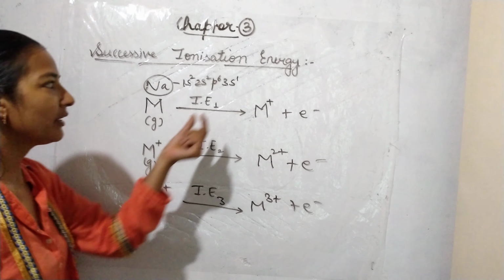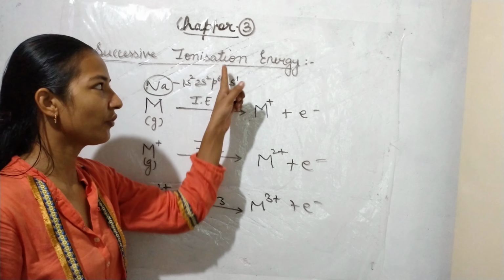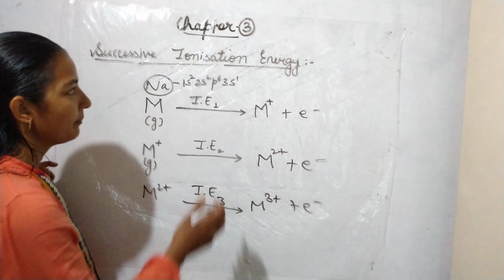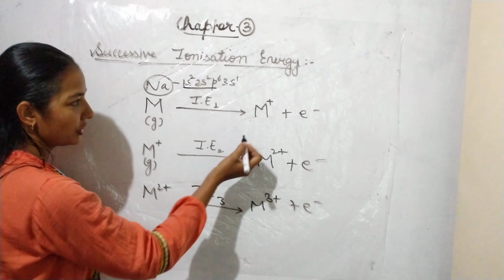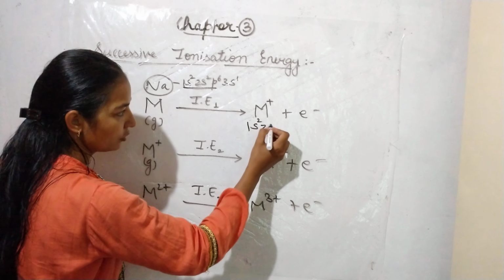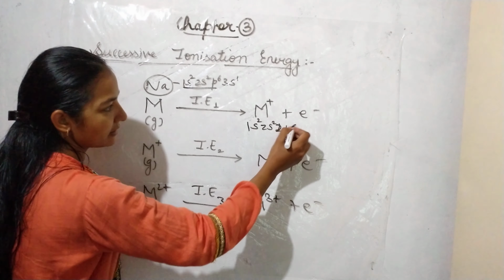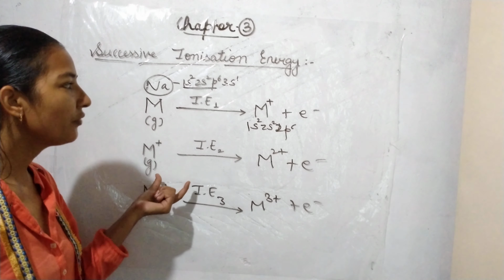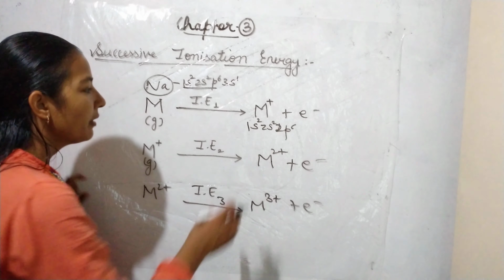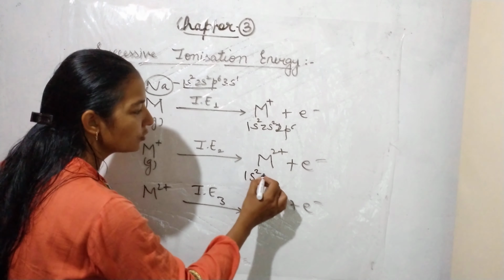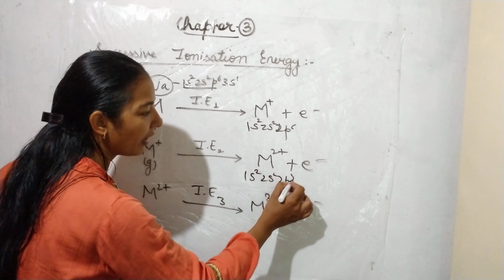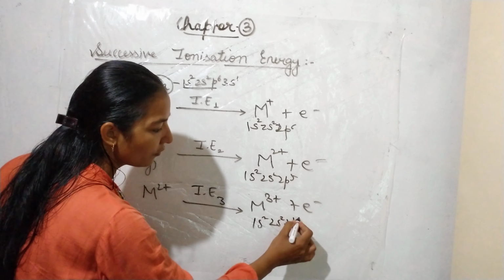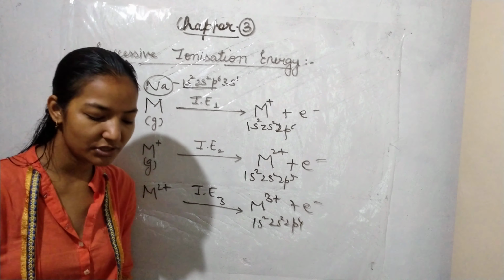Initially we remove an electron from the outermost valence shell, which is easier. The second time the configuration will be 1s2, 2s2, 2p6, and then 2p5, then 2p4. So continuously the size is decreasing.